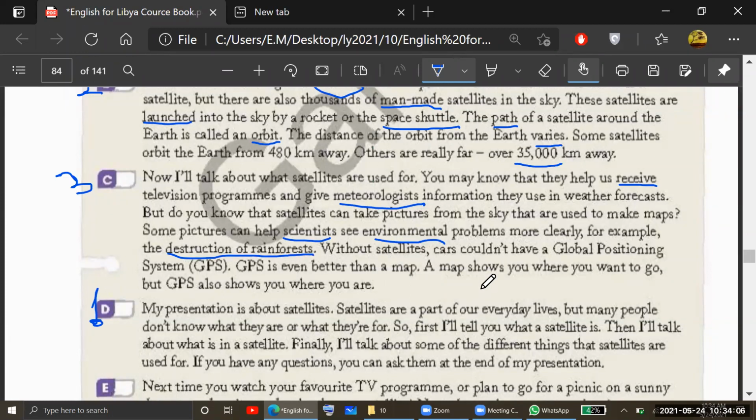Without satellites, cars couldn't have global positioning system. سمعانين بالglobal positioning system, the GPS اللي موجود في الموبايل متاعك. وقت تعطيه GPS global positioning system, جهاز تحديد المواقع العالمي. Even better than a map. A map shows you where you want to go, but GPS shows you where you are. Okay.